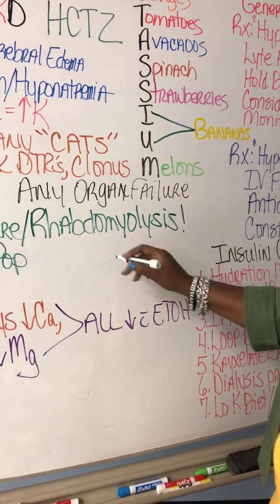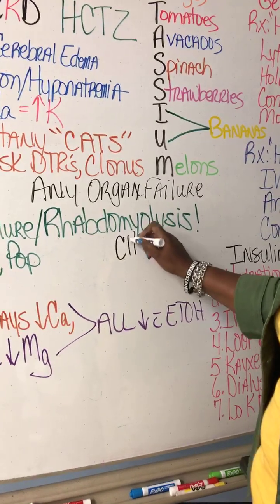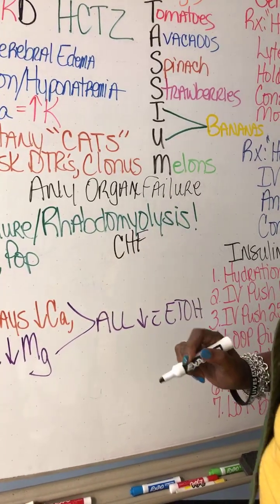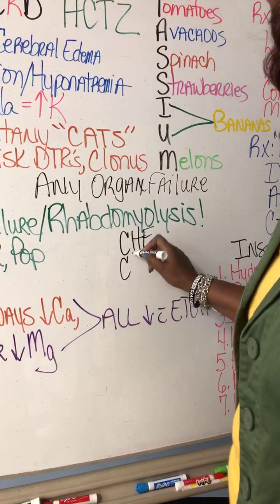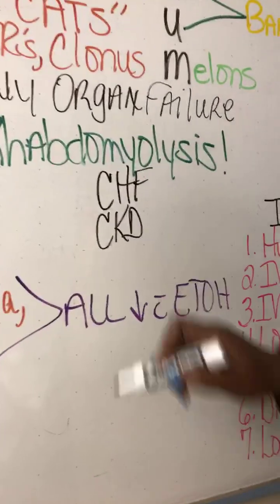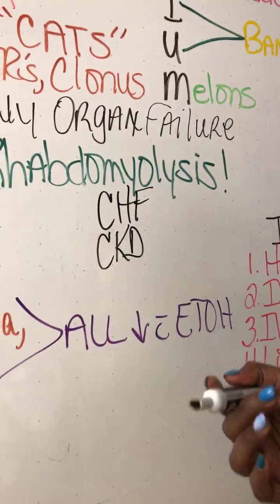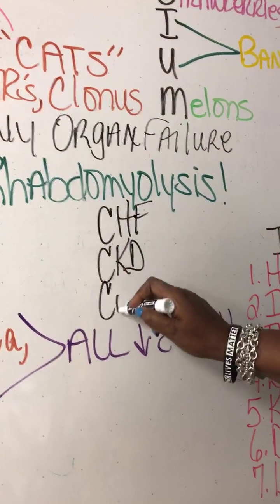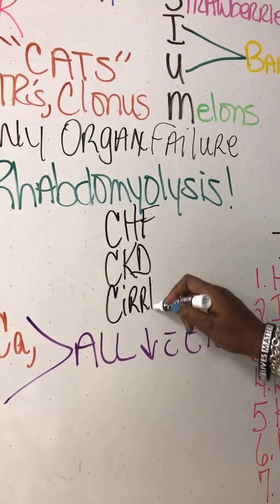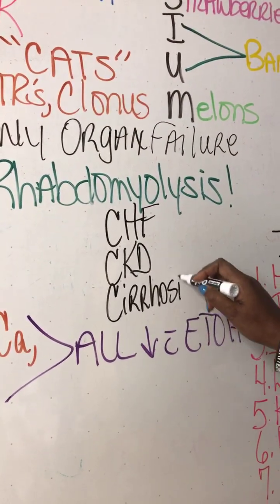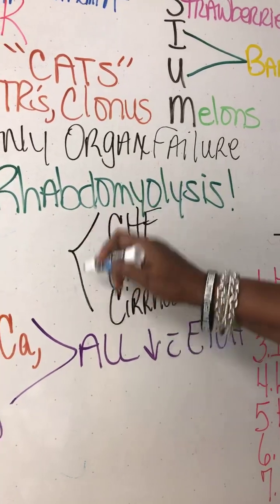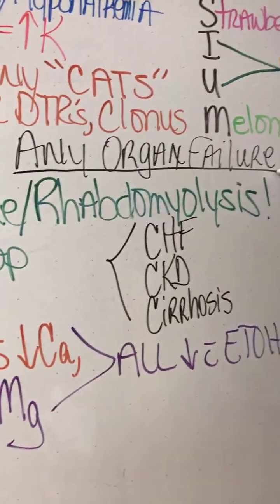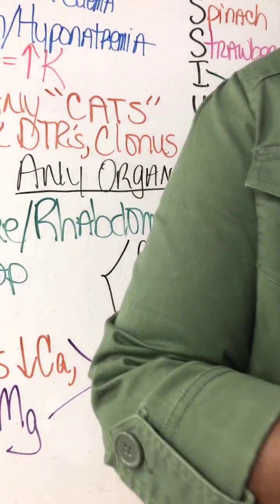So watch this. CHF, congestive heart failure. CKD, chronic kidney disease or renal failure. C for cirrhosis, which is of course liver failure. Any organ failure is what these medications are for.